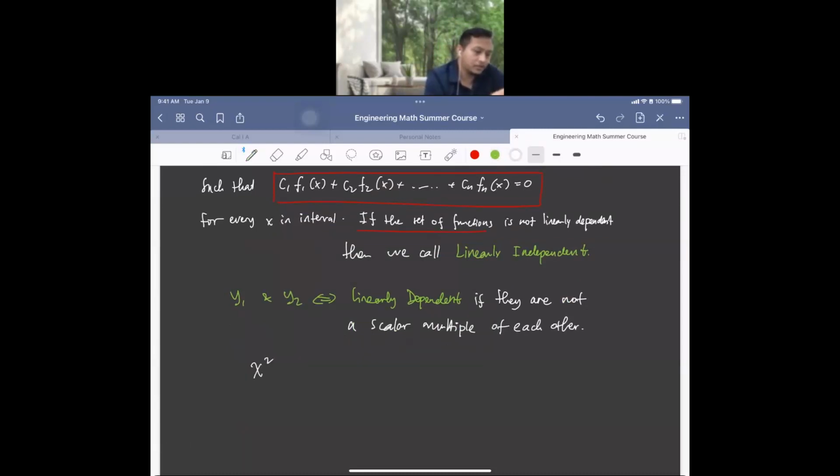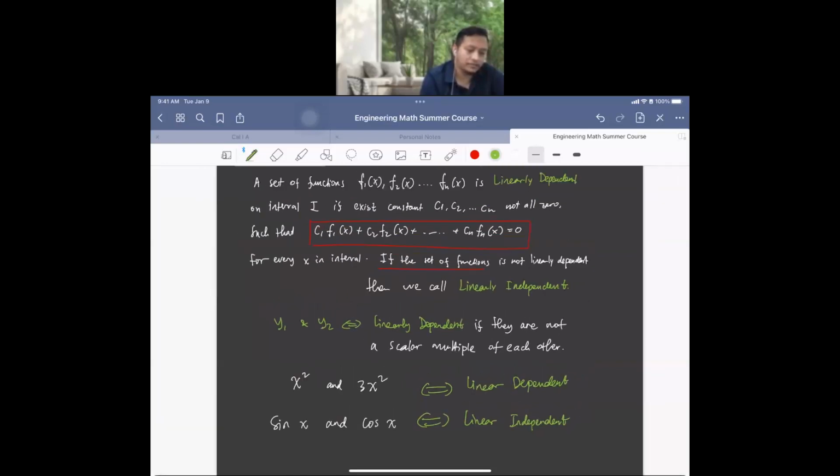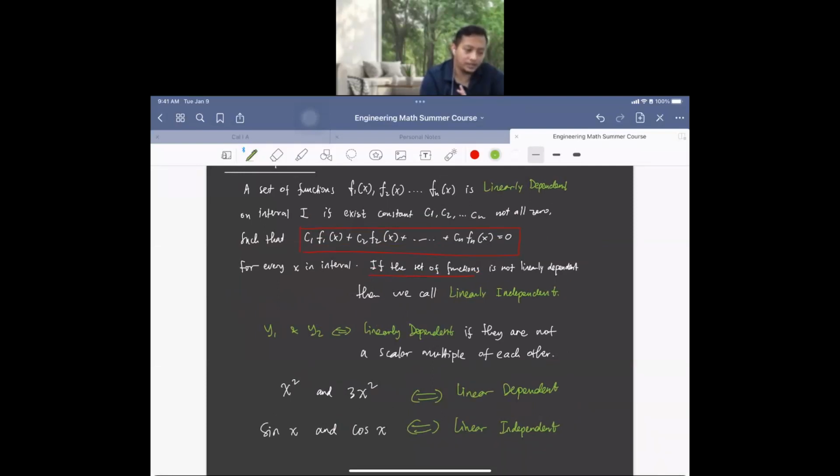For example, x squared and 3x squared are linearly dependent, because one function is multiplied by a scalar and becomes the other function. But sine x and cosine x are not dependent, so we call that linearly independent.